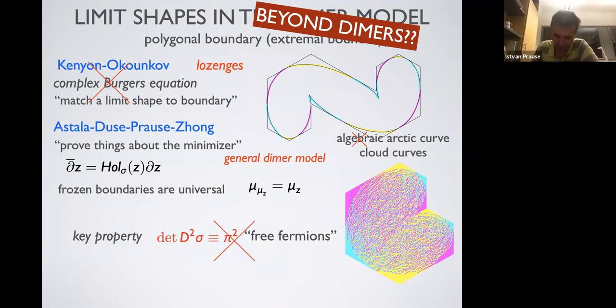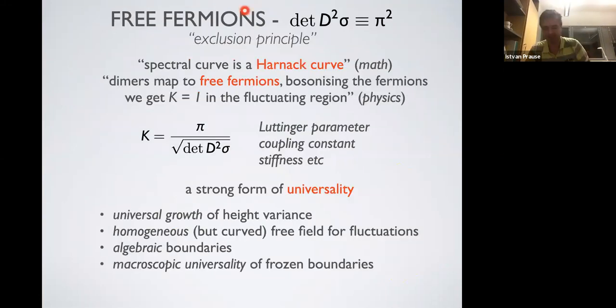But before going there, let me discuss a little bit this free fermionic property, because it's a bit of a mystery. In mathematics language, this is a statement that the spectral curve of the model is a harmonic curve.